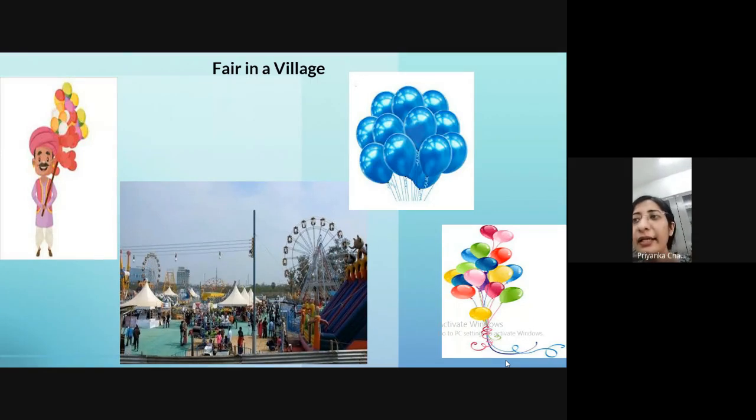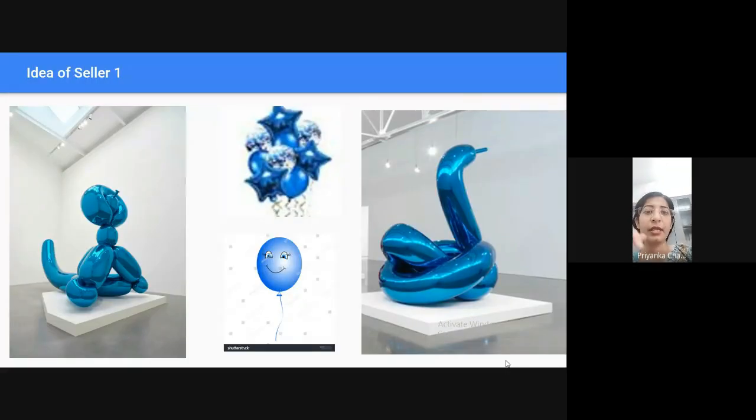Then they decided to make a strategy. The strategy is, ma'am, next. Balloon seller, what he did, he tried to make it more attractive by sticking some.